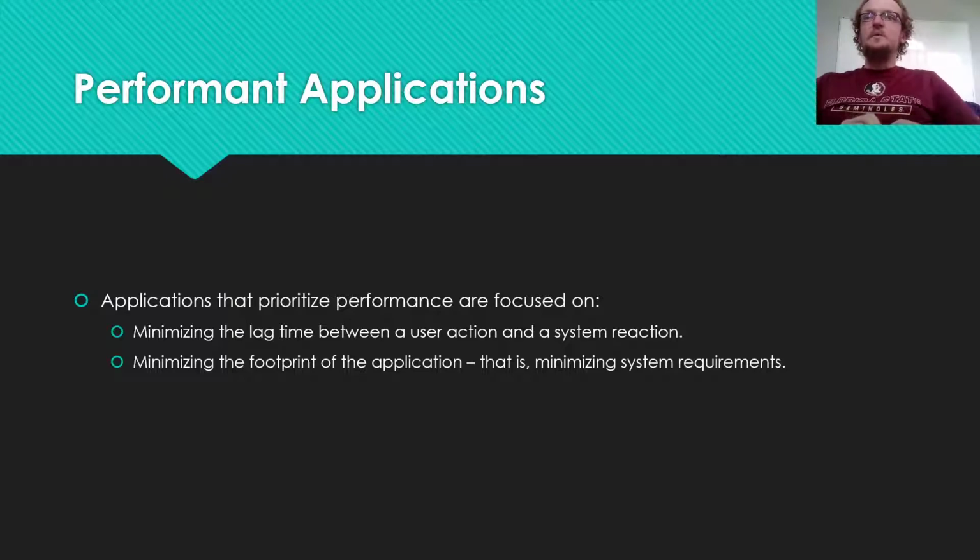And so lastly, we want to talk about performance and performant applications, and these applications really focus on two things as well. They want to minimize the time between a user making an action on the application and the application responding or reacting to that action, and they also want to minimize the system requirements of their applications.